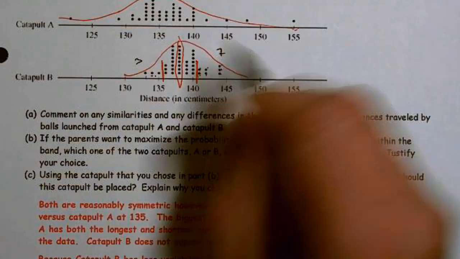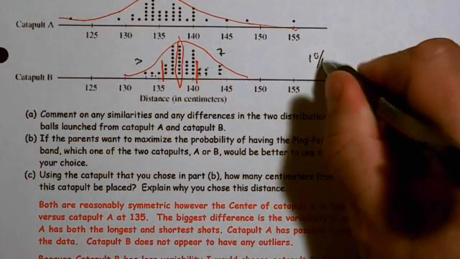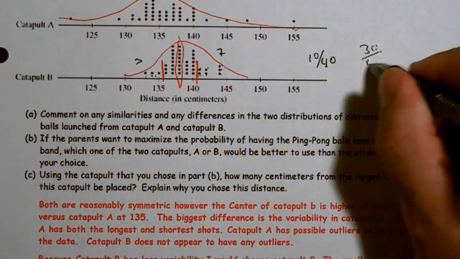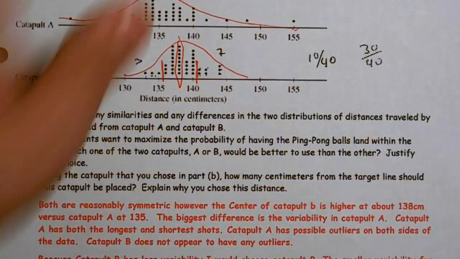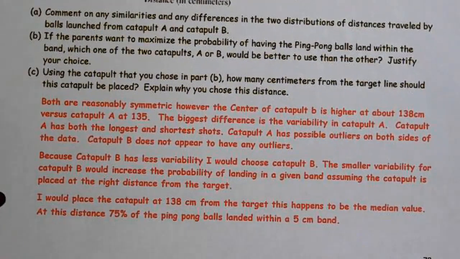So a total of 10 would not have landed in the band. So 10 out of 40 would not have landed in the band, or 30 out of 40 would have landed in the band. So I would place the catapult at 138 centimeters from the target, which happens to be the median. At this value, 75% of ping pong balls landed within the 5-centimeter band, and my child would win their oh so deserved prize. Thank you.